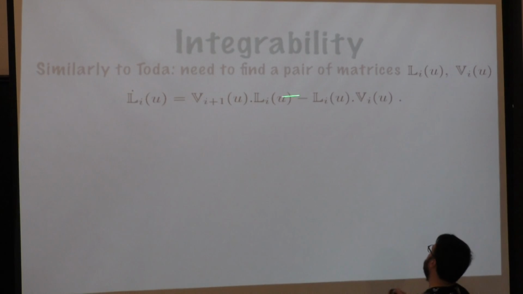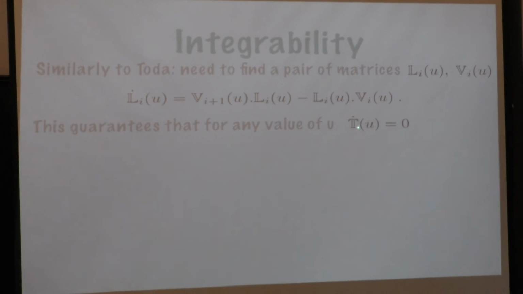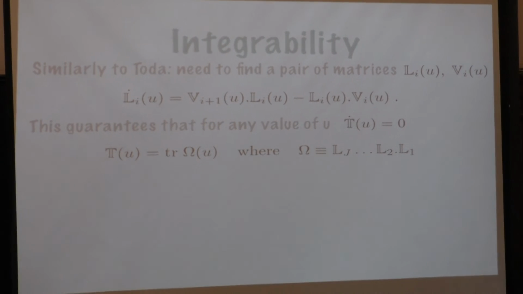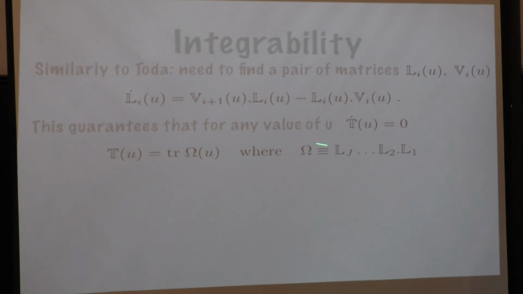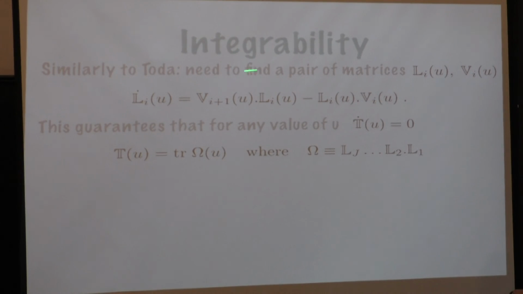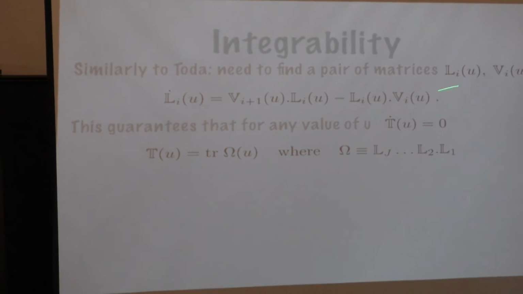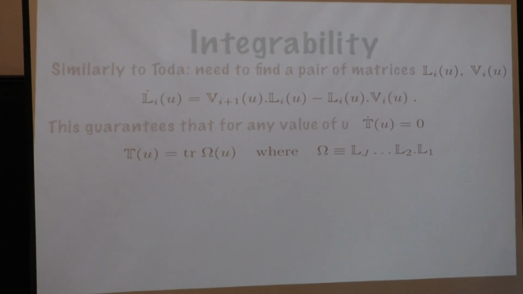And then if L dot satisfies this equation, then it's pretty obvious that T, which is a trace of a product of L's, will be conserved in time. T dot will hit one of the cells, the cell will get replaced, and then these terms will cancel in the chain. So that's a standard thing. Once you can find L and V satisfying this equation, then you are done.